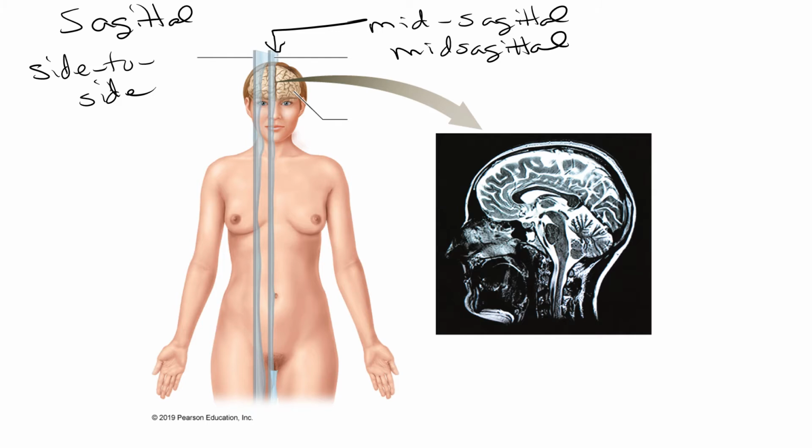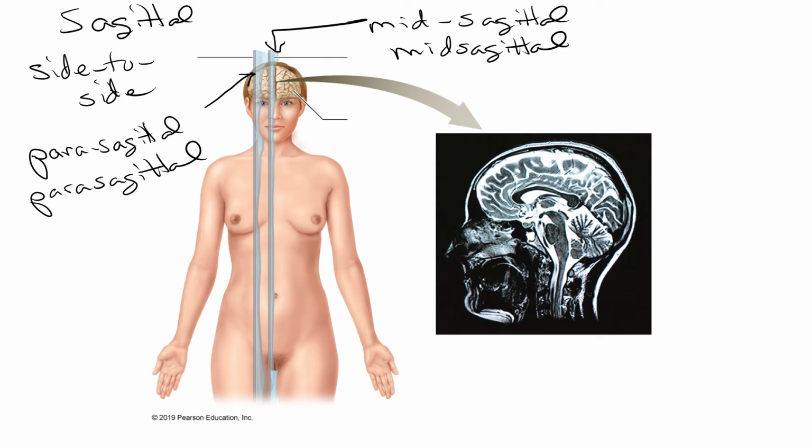And if you make a section off-center, doesn't matter how far off-center it is, that is a para-sagittal section. Also can be written without the hyphen sometimes. Lots of times in medicine, you're going to see these just referred to as sagittal sections, and if it's midline, you'll just understand it's mid-sagittal.